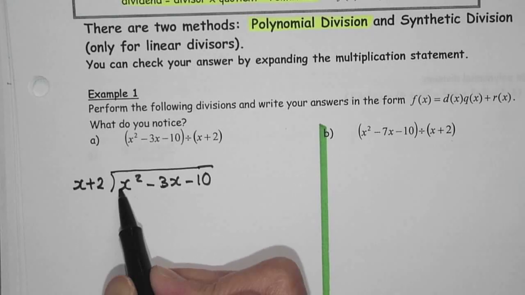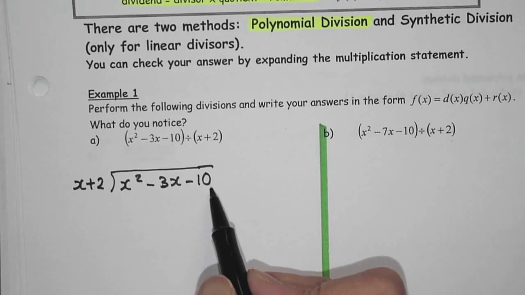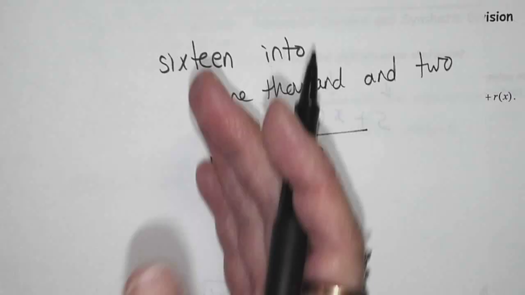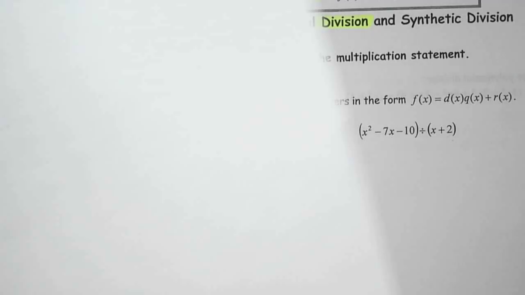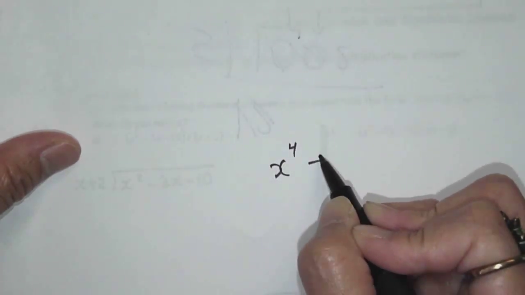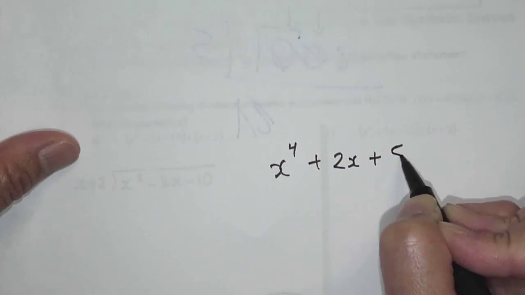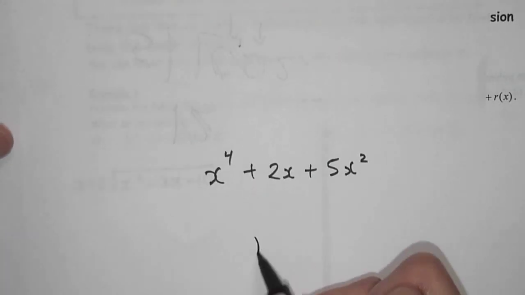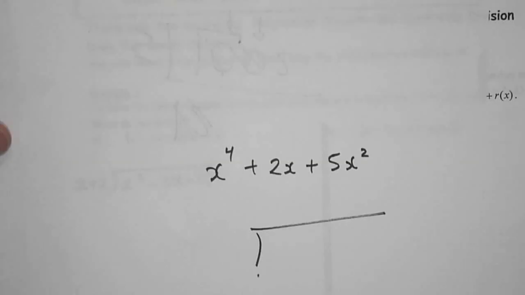You can't have x squared, x cubed, x, no x, right? So it has to be like this. We're doing this in order. Does that make sense? So if I gave you x to the power of 4 plus 2x plus 5x squared, you go, that doesn't make sense. I can't put that in my quotient thing, okay?